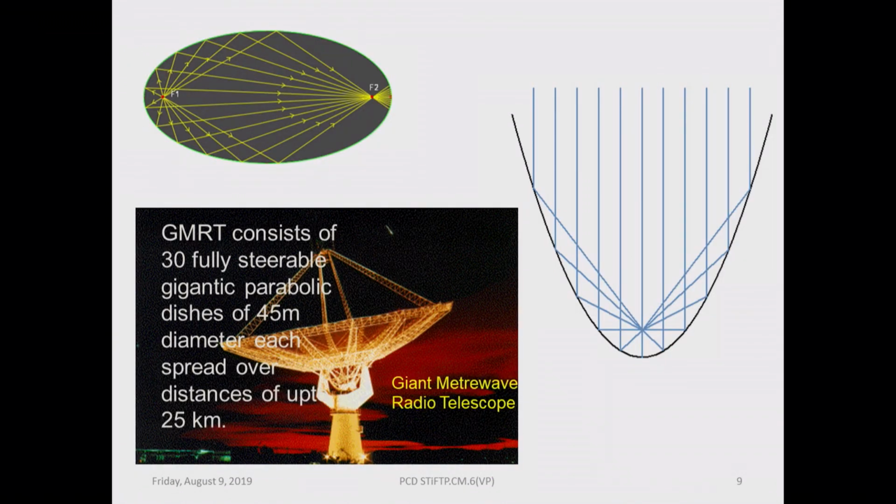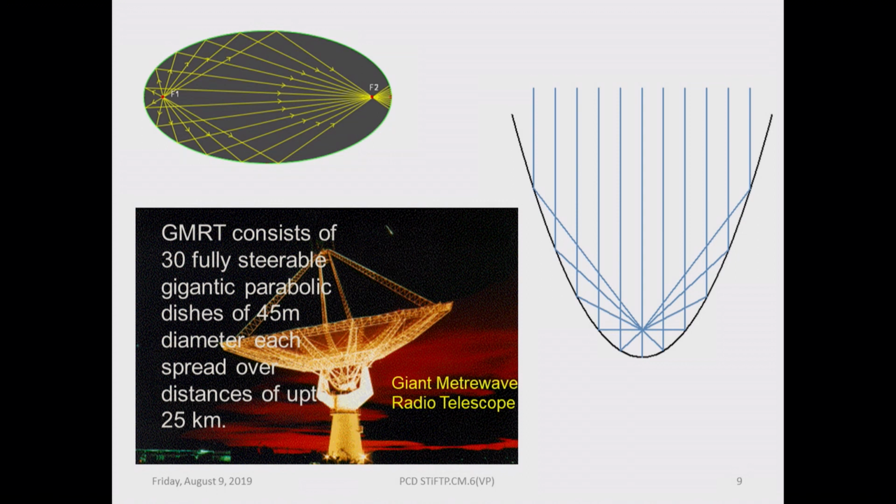And if you look at how light travels, if you have parallel rays incident on a parabolic reflector, they all get reflected and converge at the focus. If you have a light source at the focus of an ellipse, and you have an elliptic mirror, then the light waves will bounce the way it is shown in this figure.